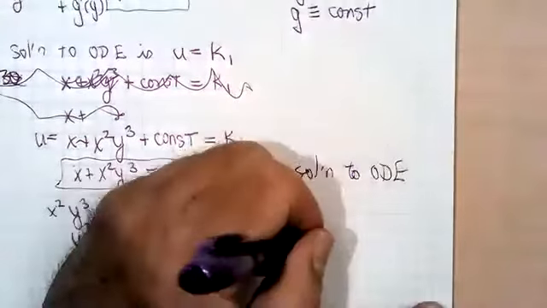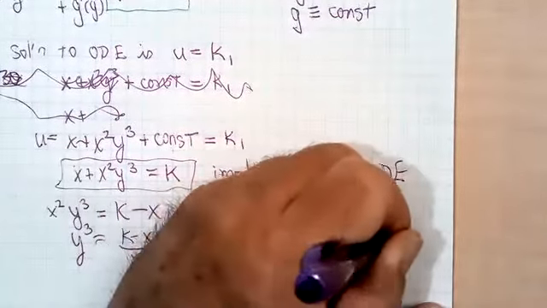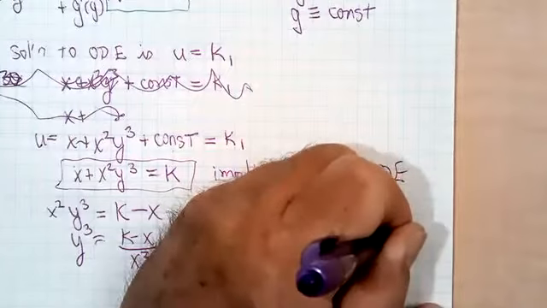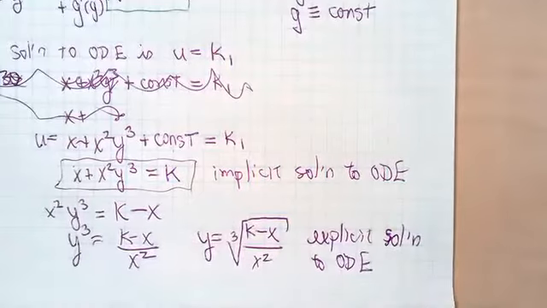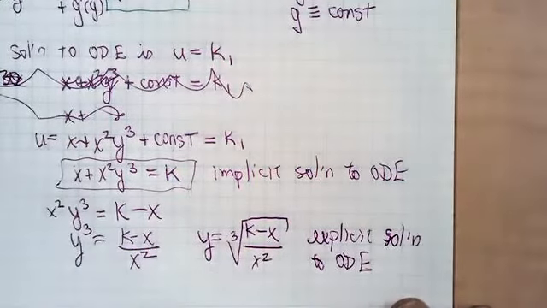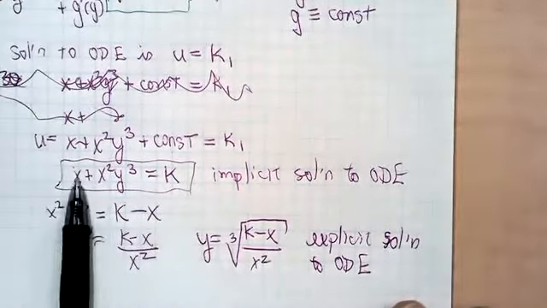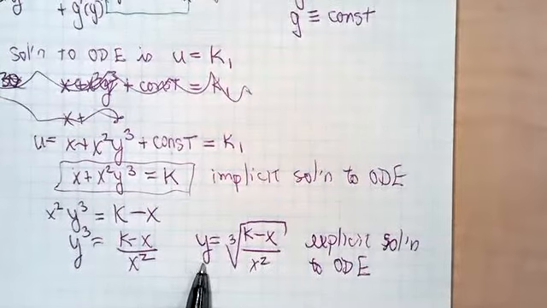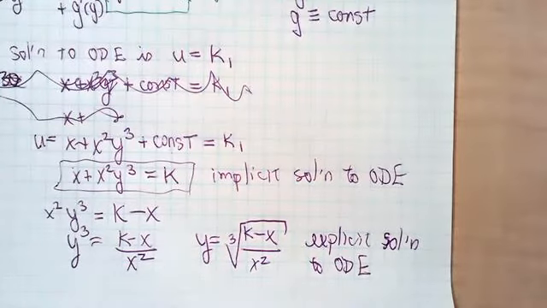Now we have an explicit solution to the ODE. Very often you cannot do this. The equation u equals a constant is so complex that you cannot solve for y. And if you can't, you just can't. You just leave it at that and say, okay, that's the closest I can get to a solution.